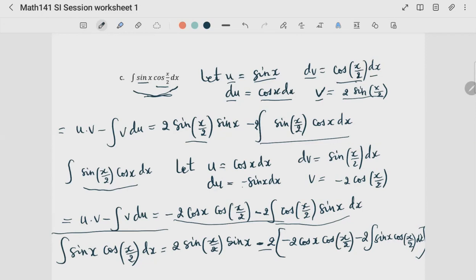So 2 sine x over 2 times sine x minus 2 times the integral of sine x over 2 times cos x dx. Now what we said at this point is we try to evaluate this integral separately.